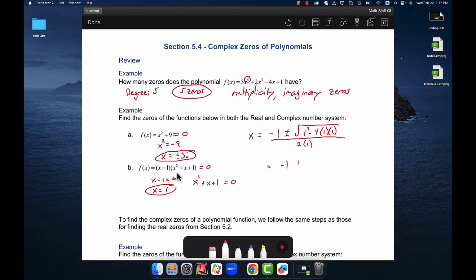Simplifying, we get -1 plus or minus the square root of -3 all over 2. And if we simplify a little bit more, we get -1 plus or minus the square root of 3i all over 2. So it looks like we have 2 imaginary zeros and 1 real zero for a total of 3 zeros. So you'll have 1 x-intercept. The other 2 zeros are not x-intercepts, they're imaginary.